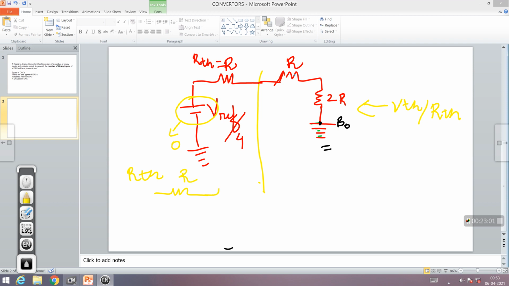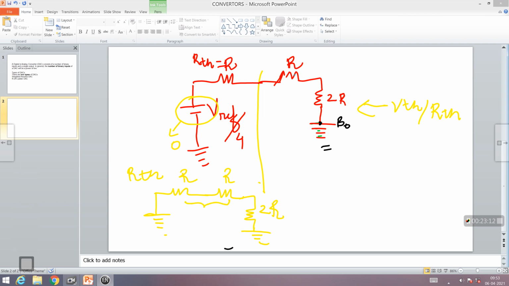This will come out to be R, this is R, and this is 2R. Ground this, removing the voltage source means grounding this. This R and R can be written as 2R, this is 2R, both are grounded, and both of them are in parallel, which can be written as an equivalent resistance of R. So the resistance experienced at these points is R. So RTH will come out to be R.